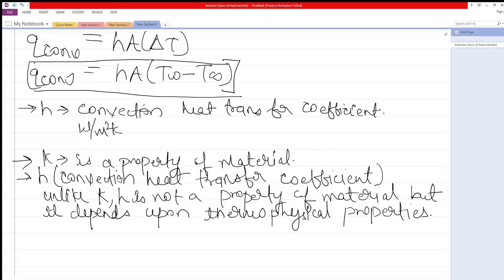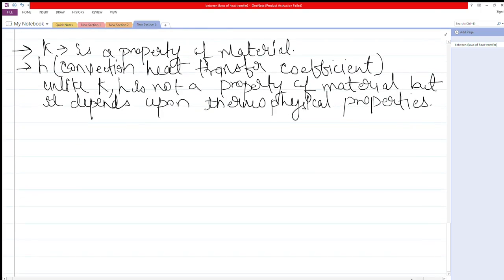What are thermophysical properties? Thermophysical properties are those physical properties which are affected by the heat transfer or which affect the heat transfer.